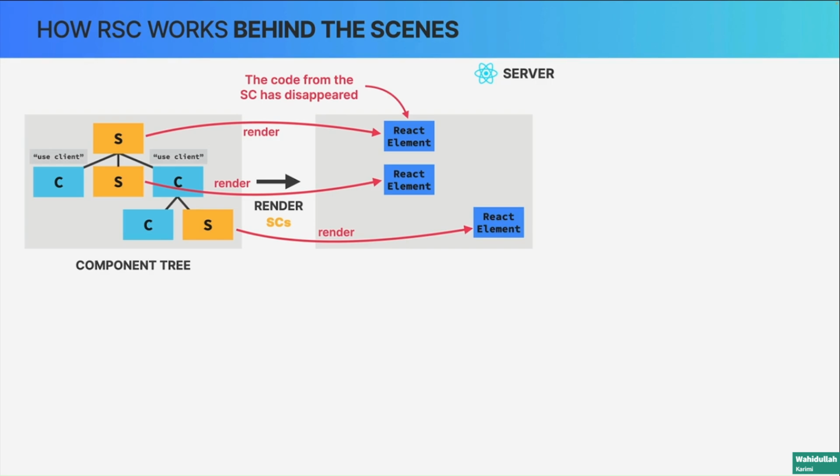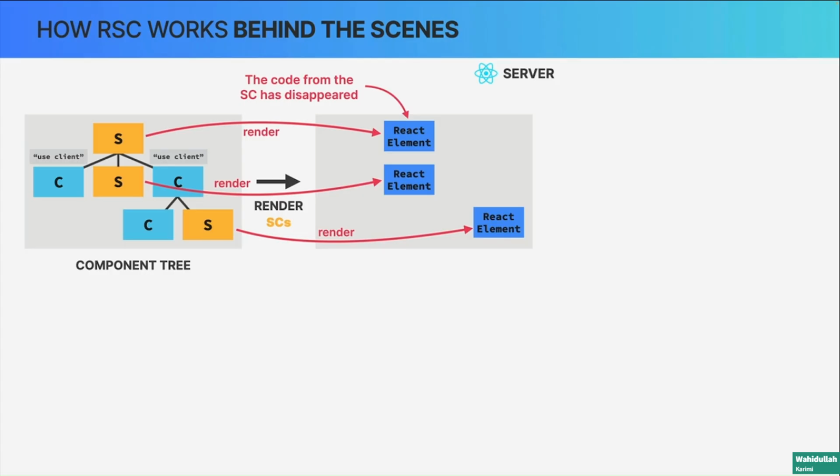Therefore, there is no way to send functions like useState to the browser, and there would also be no way of even keeping track of state, because we also have no fiber tree here on the server, and even if we had one, we couldn't send it to the client anyway.